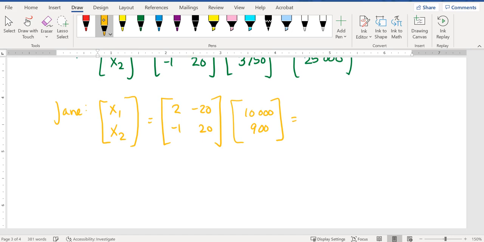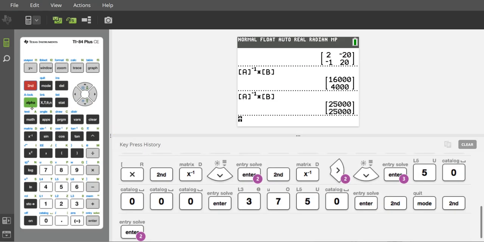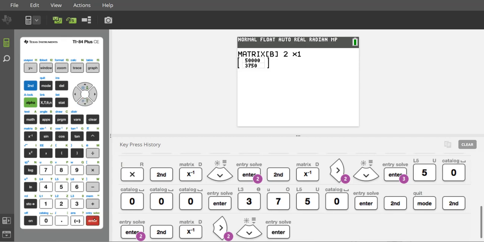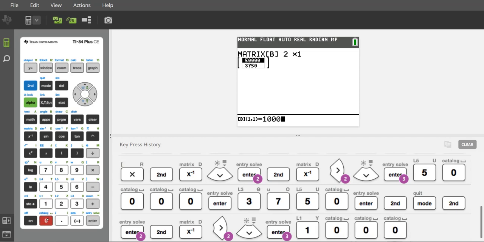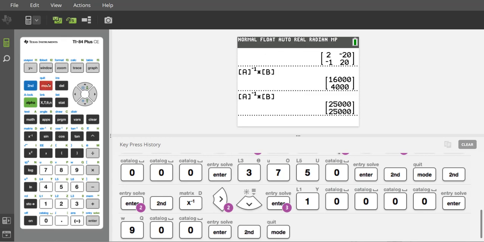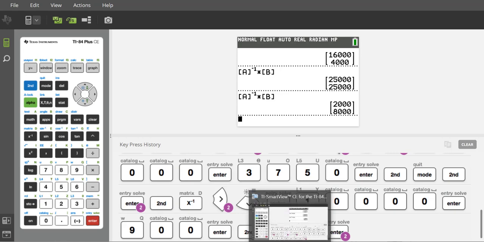Let's see what we get for Jane. Second matrix, edit matrix B. It's a 2x1. 10,000 to invest, and 900 in return. Second quit. I just need to do second enter and enter. Jane should put 2,000 in investment A and 8,000 in investment B.